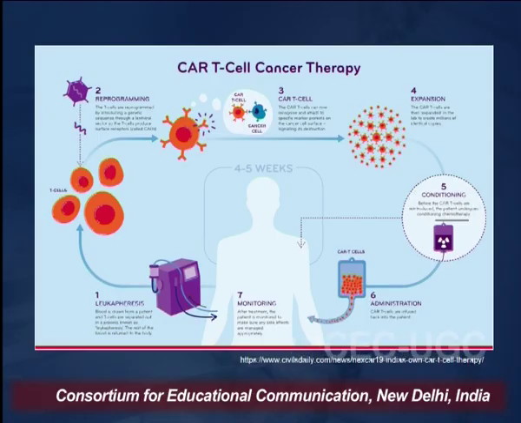Now this surface protein can recognize the mutated cells, the tumor cells which are there. So you can see in the orange there are the T cells, and in the second step, those T cells have certain surface receptors. They are modified to produce these surface receptors, and these surface receptors have more ability to combine with these cancerous cells.